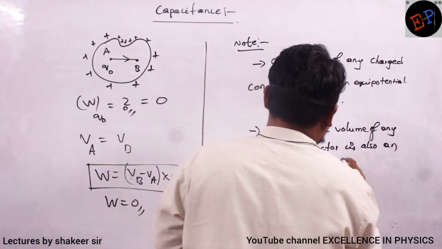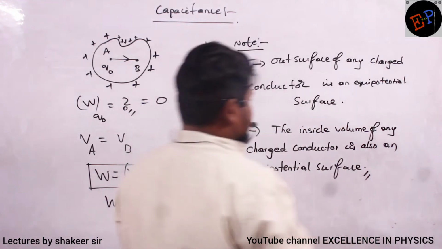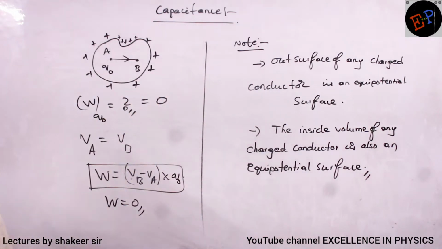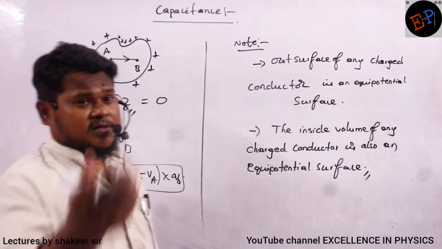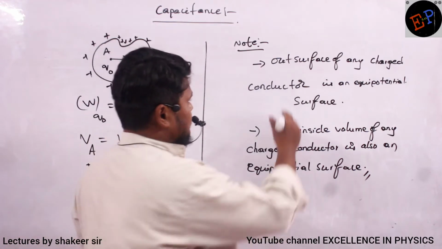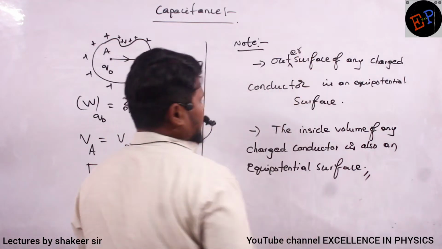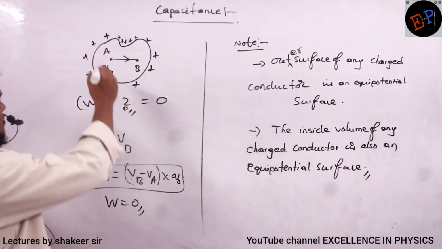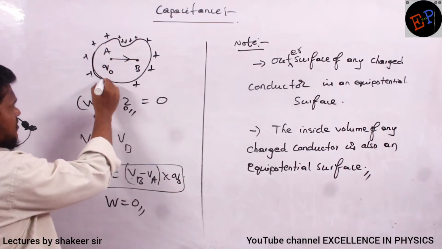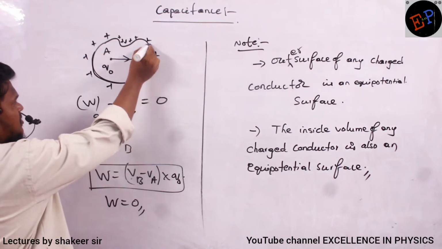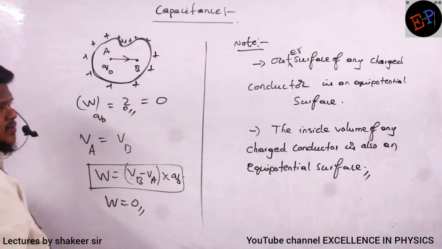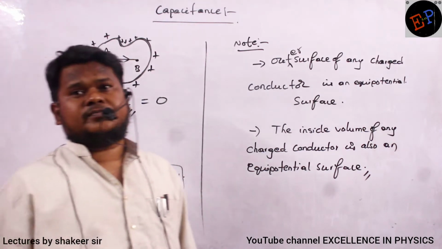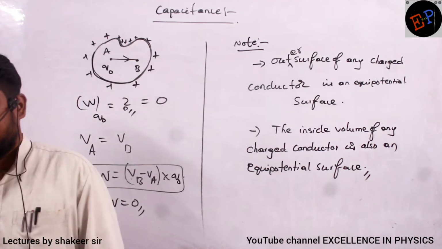Okay, so what are the 2 types of surfaces we are studying ma? First one is outer surface. Outer surface means this surface ma, this is the outer surface, no? So this outer surface is what kind of surface? Equipotential surface. Are you able to understand?